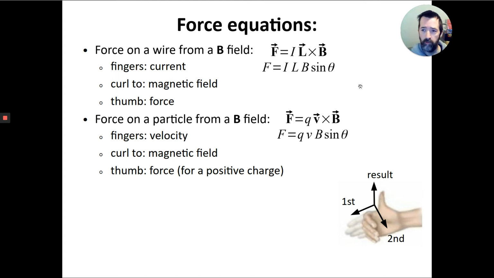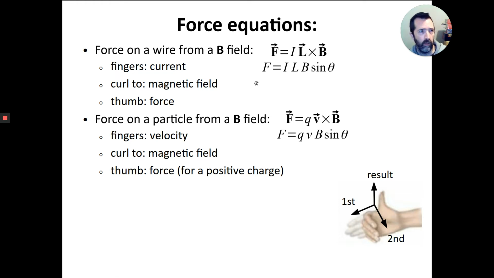These are the actual formulas that you would see in the book and that you're going to be using a little bit in the work. So the top equation here is about the force that a magnetic field exerts on a wire when that wire carries current through a magnetic field.